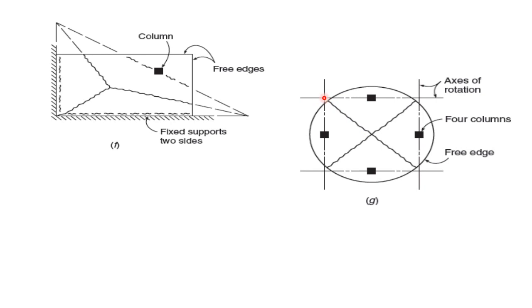This yield line will pass through the intersection of two axes of rotation, and this one too, and each ends at the boundary. It won't extend further. This is how we have to draw it.